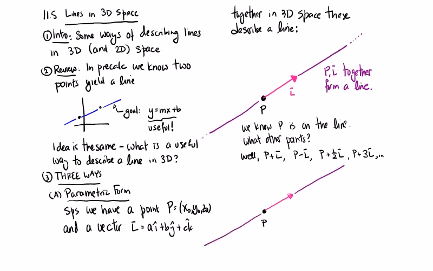So for example, P plus L, we can think about this as this point right here. P minus L would be back here in the opposite direction. P plus 1/2 L would be right here. P plus 3L would be way out here, 3 vectors along.